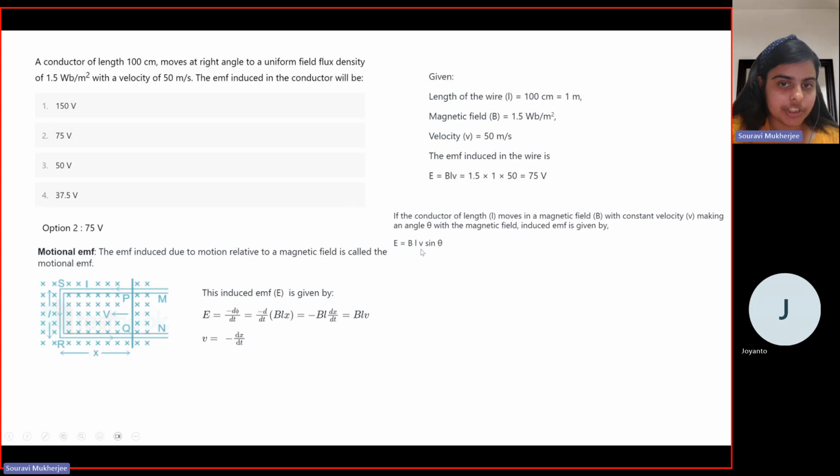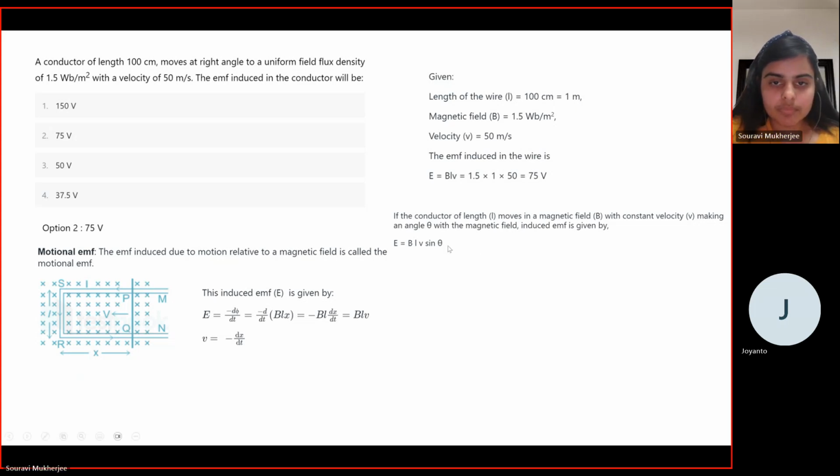So because of that, you will have this sine theta component which will come in the EMF expression. EMF is nothing but work done by the force, right? And for force we have this relation between v, that is velocity, and magnetic field, which is given as q into v cross B. Because of that, you have this sine theta component. So if there is an angle between the magnetic field and the velocity, this is how the EMF will look.